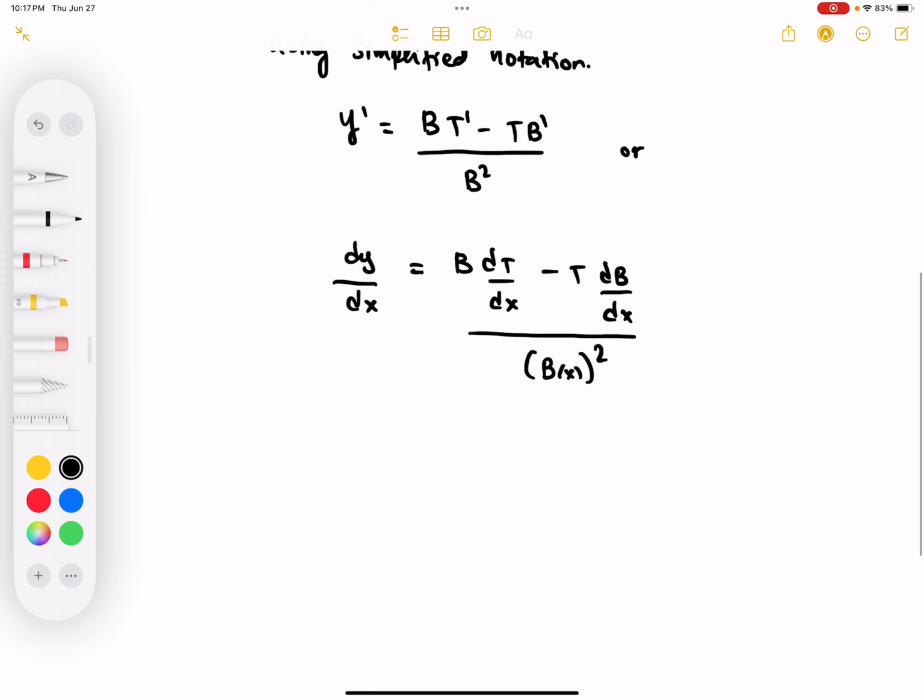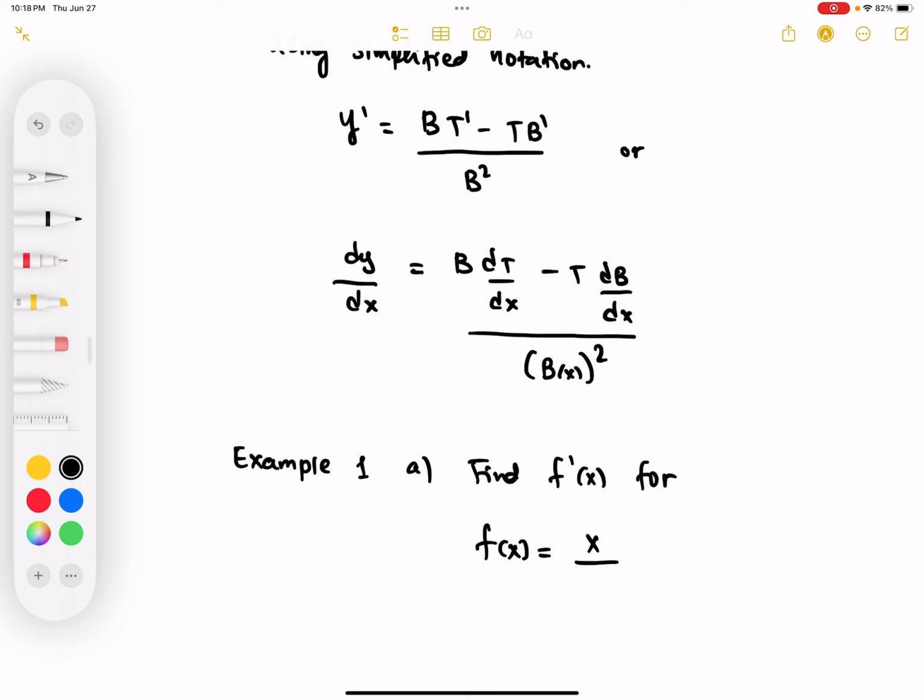Now let us use examples to clarify this. Example 1, part A: find f derivative at x for f of x equals x over x minus 16.